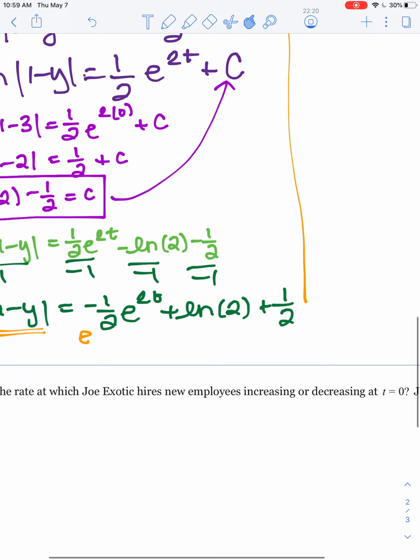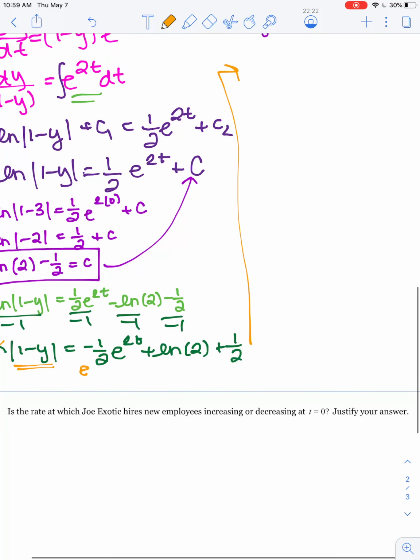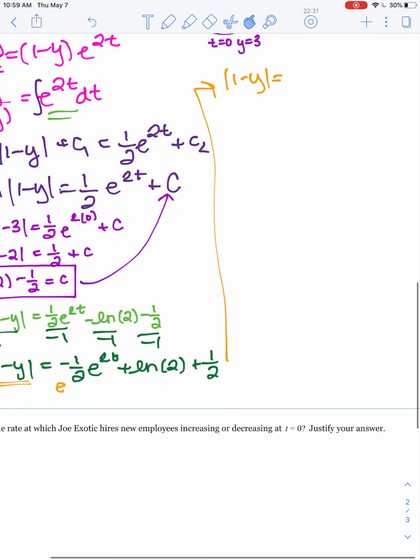Okay, so our next line will read the absolute value of 1 minus y is equal to e raised to kind of all that craziness.